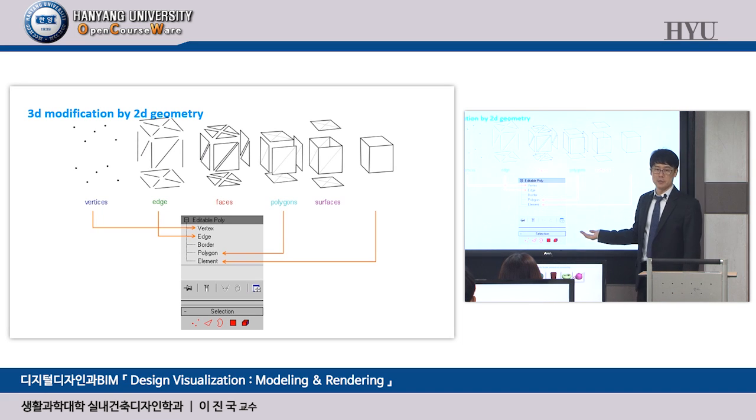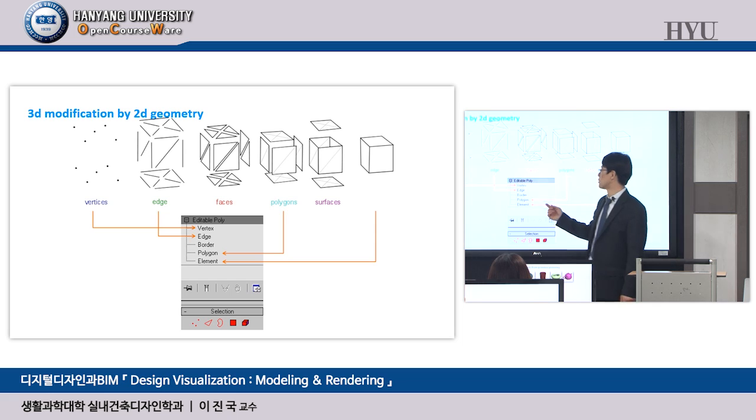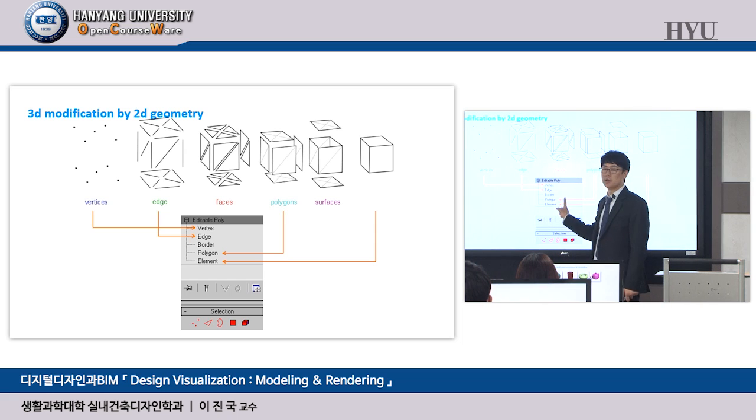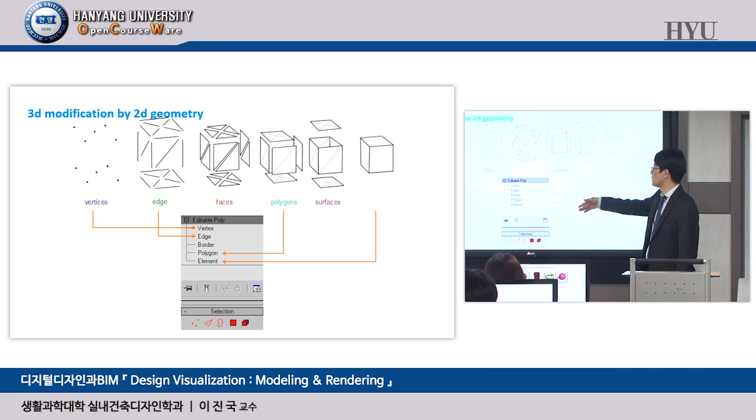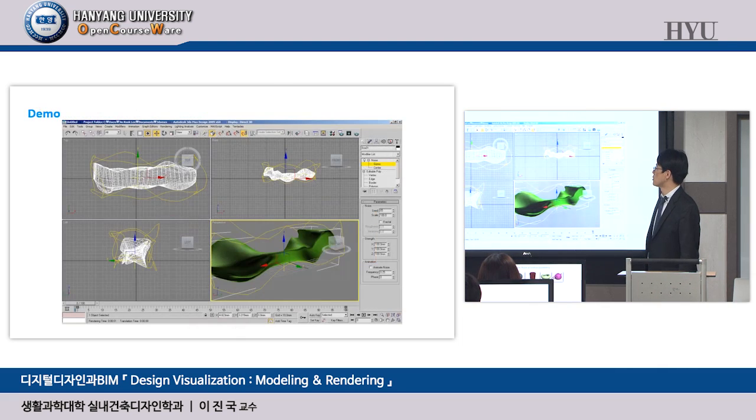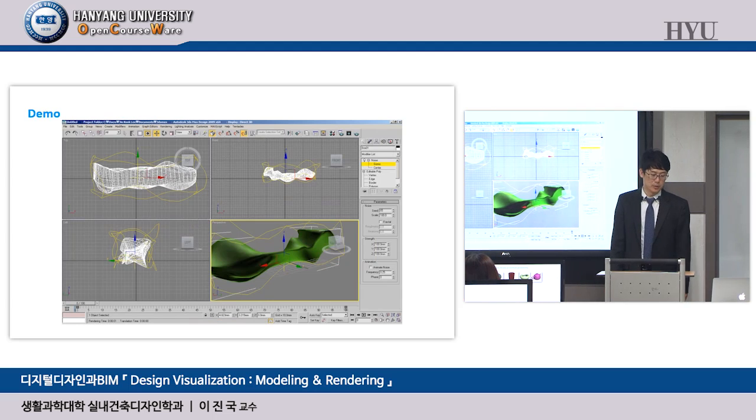This image is also very famous from last semester. We need to control vertex, edge, and especially polygon edit for modifying your geometry. Okay, this box shape can be created and modified by several subcomponents.